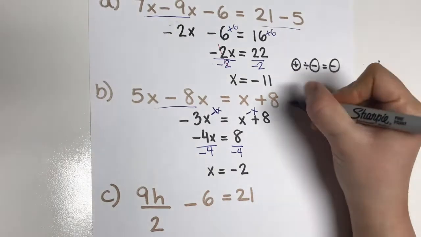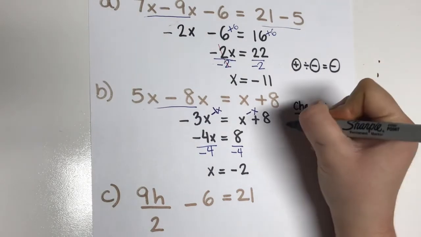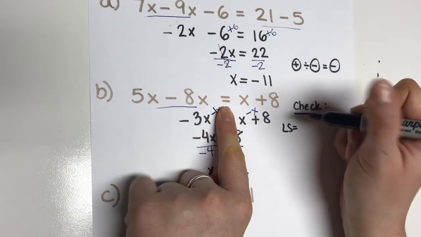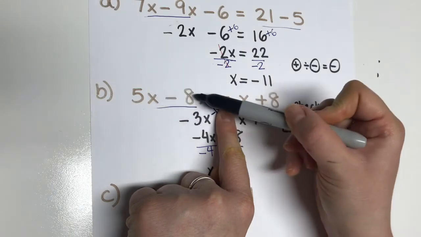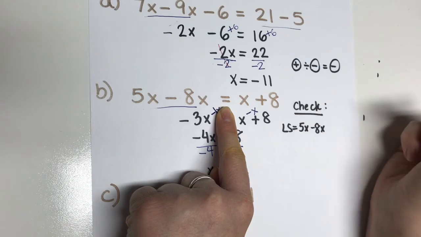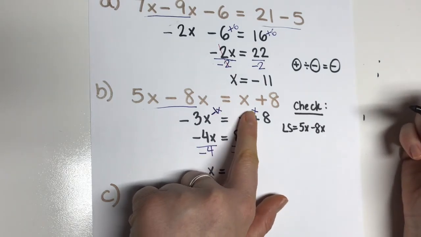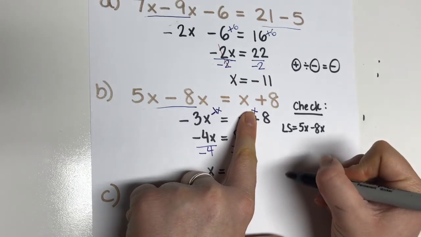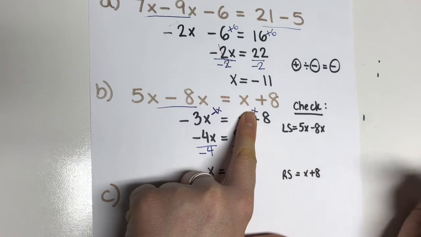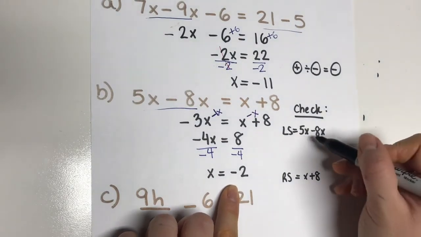If I wanted to check using a left side, right side check, the left side of my original equation, so the left side of the equal sign, is 5x minus 8x. And the right side of my original equation is x plus 8. So I'm going to substitute the negative 2 into the x's here.